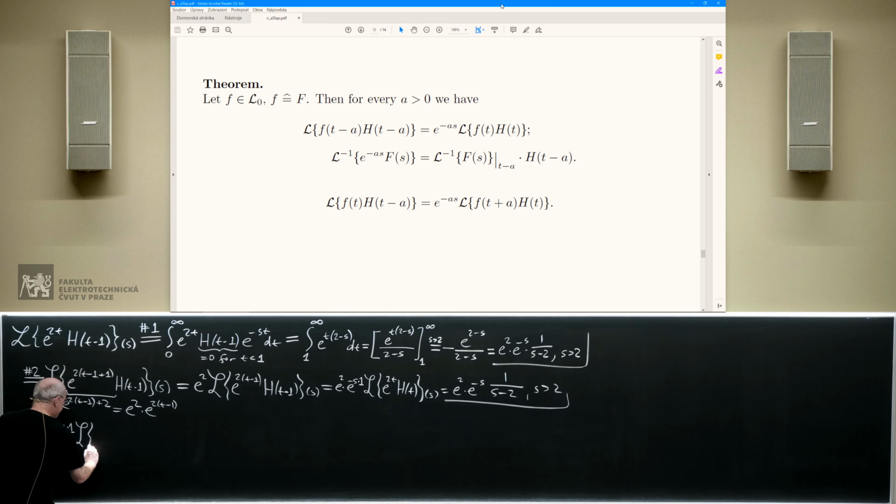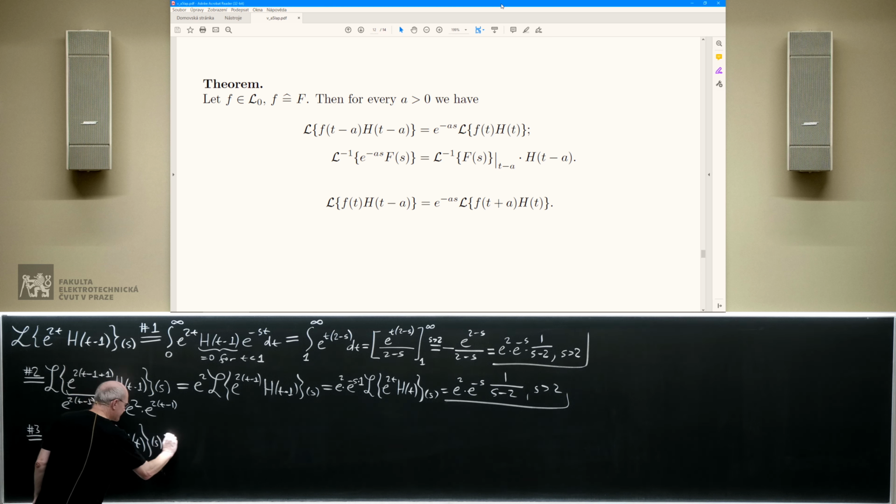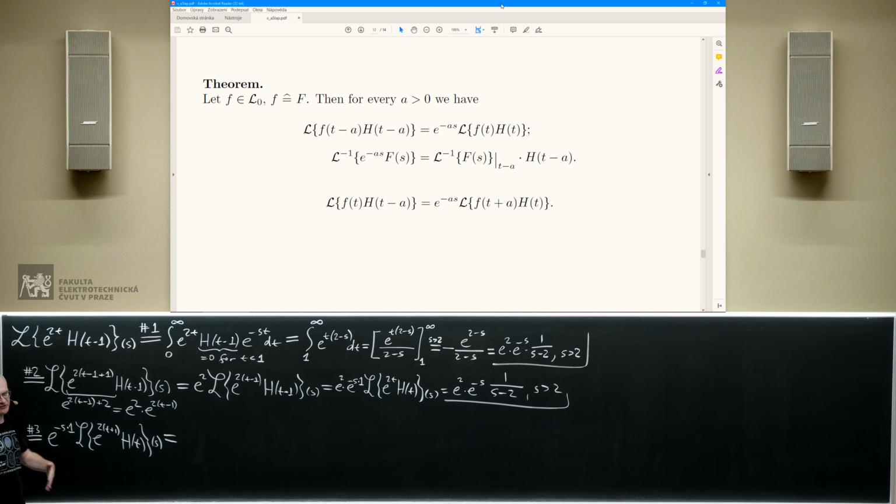And then apply the Laplace transform to your function, but shift it in the opposite direction. So essentially, as I explained, I'm adding 1 over here, and I also should add 1 over here. So it's e to the 2 times t plus 1, Heaviside t, at s. And that's it. We just applied our formula, and it seems that we are done.